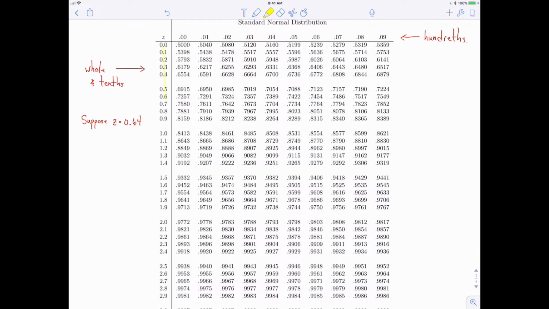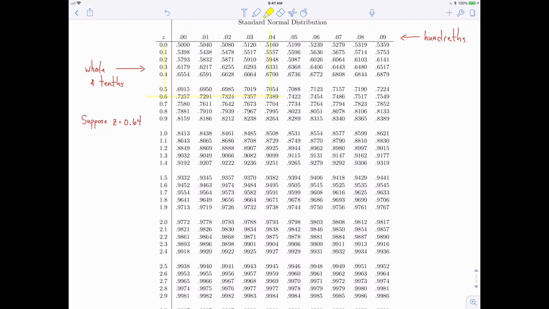And then over here in the row, I see where I have 0.04. So then I go from the 0.6 over to the 0.04, and where they meet, where they cross, is the area. So that would be 0.7389.